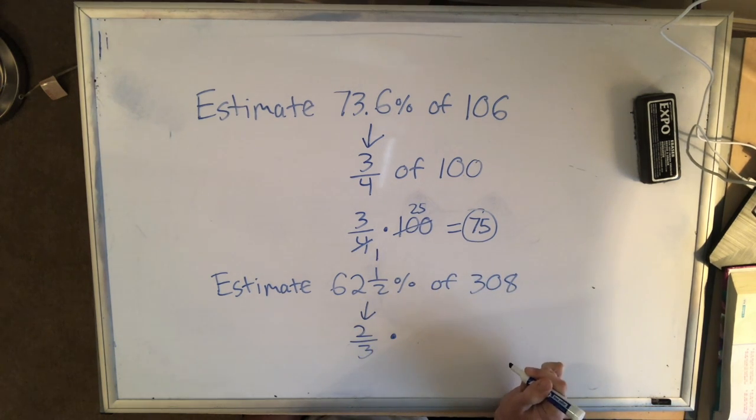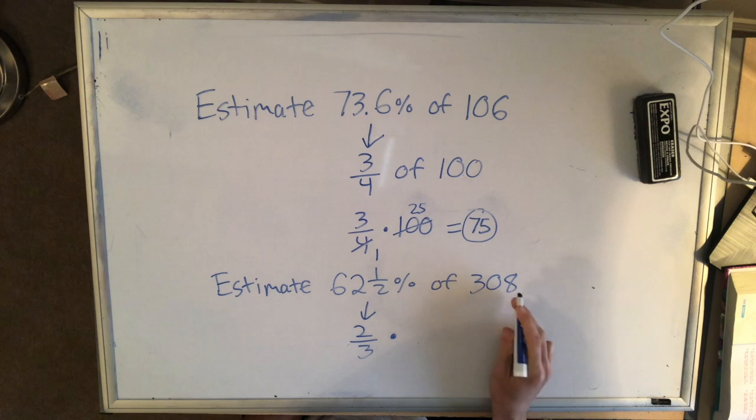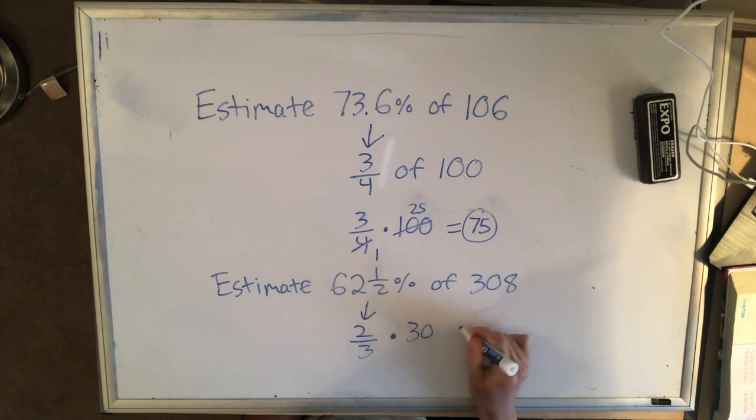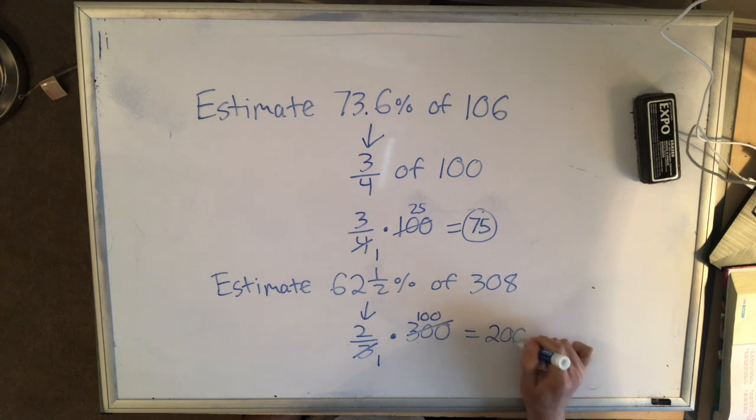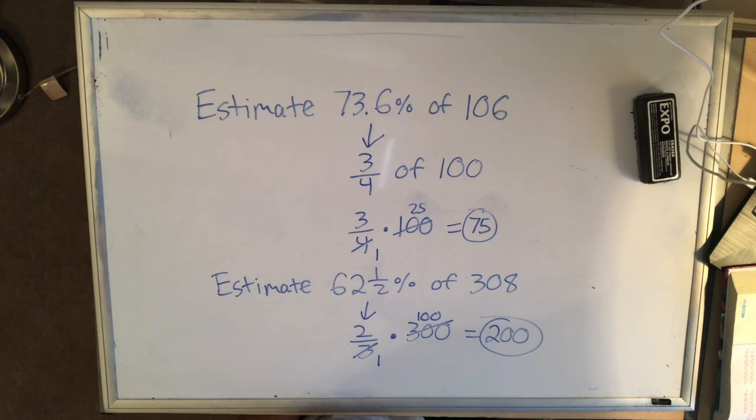So this is approximately equal to 2/3 times 300. 308 can be rounded to 300. You can cancel out 300 on top with 3 on the bottom when multiplying, because each of those can be divided by 3 to get 1 and 100. And 2 times 100 is 200. So 62.5% of 308 is approximately 200.